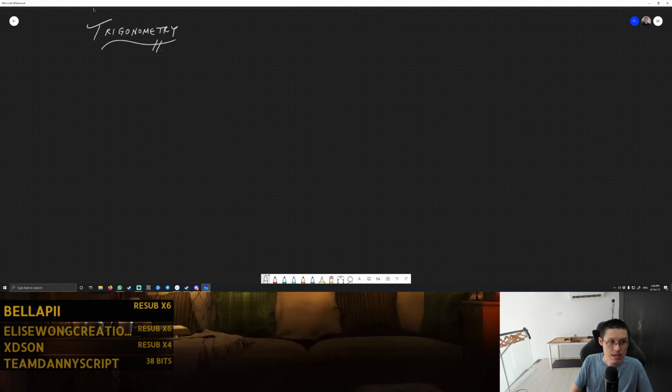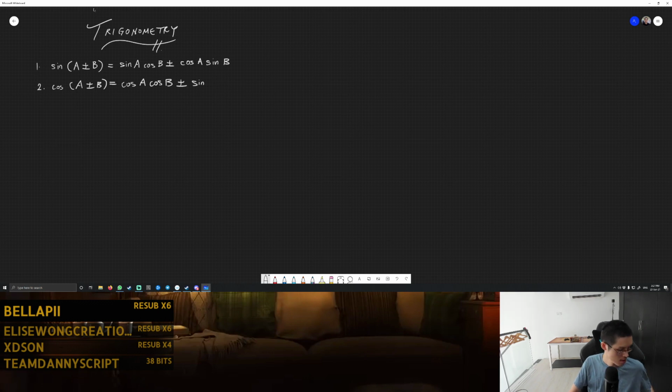The addition formula tells you that when you have sine of A plus or minus B, you get sine A cos B plus or minus cos A sine B. And the cosine addition formula tells you that when you're adding two things like this, you get cos A cos B minus or plus sine A sine B. The signs should be opposite, so it should be like that.